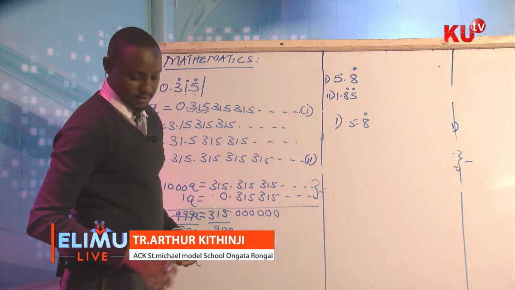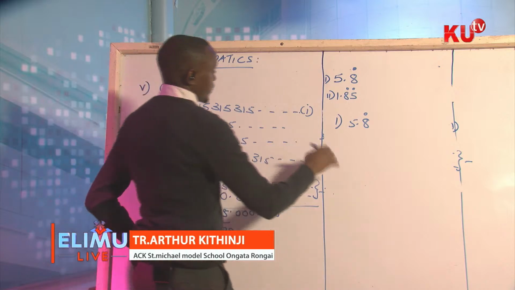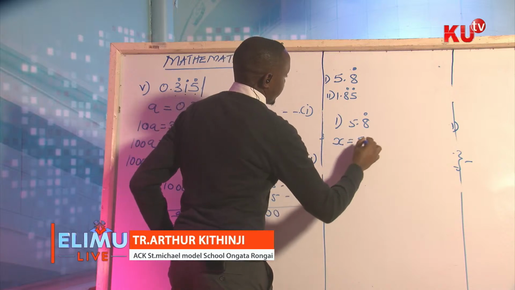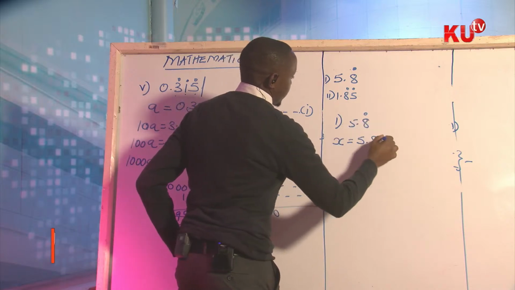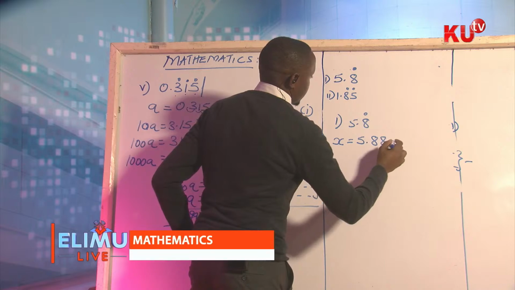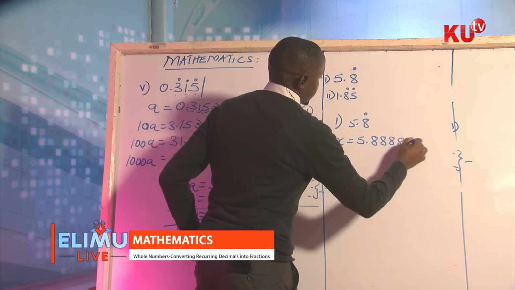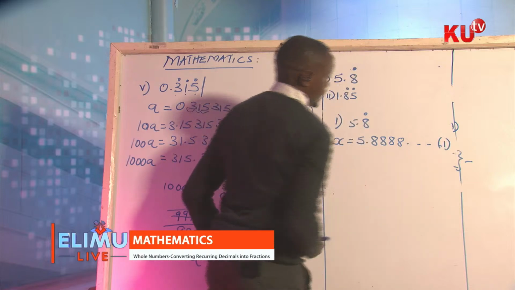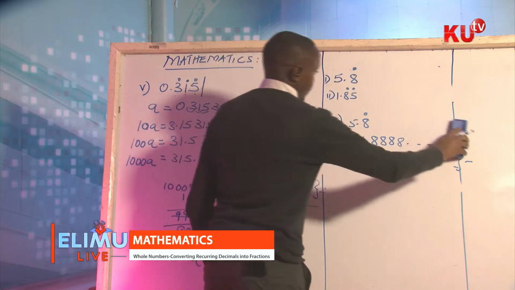In this case, let's call it our x. Our x will be 5.8, and remember it's 8 which is recurring, so 8 will be recurring like that. That becomes our original equation, our equation 1.